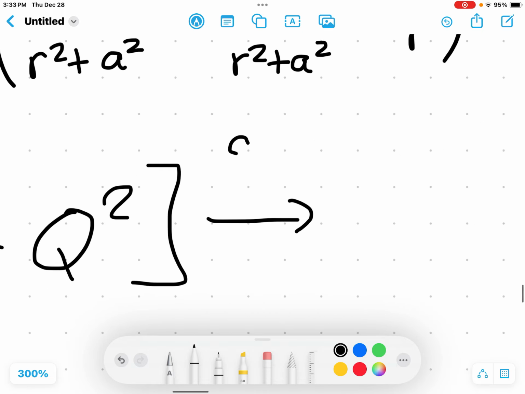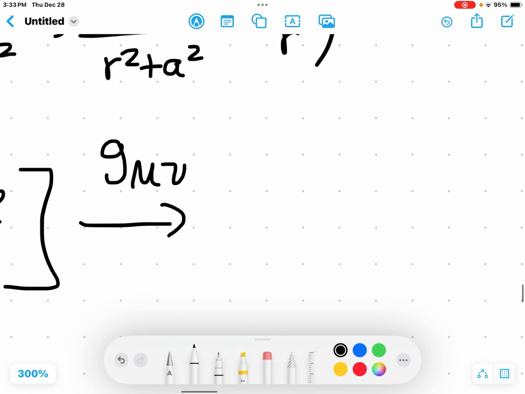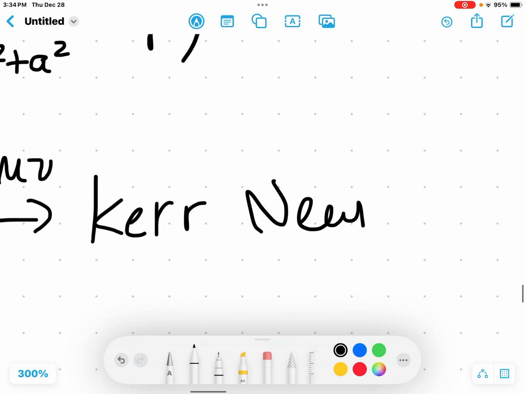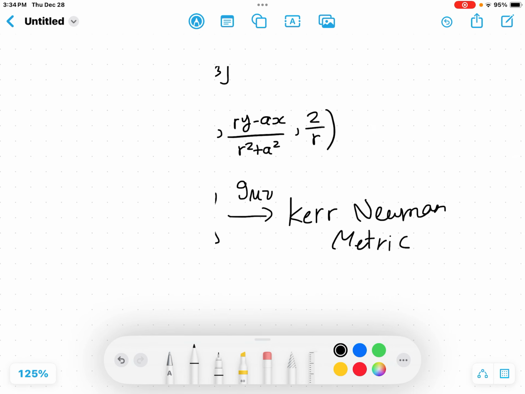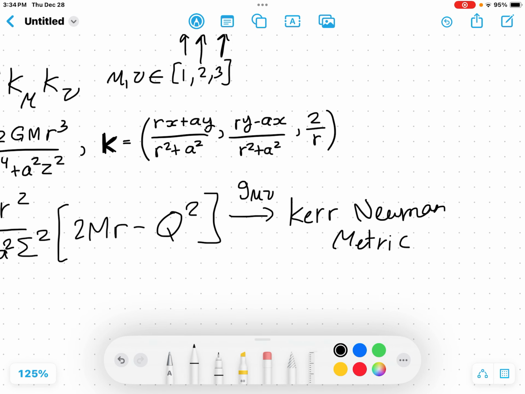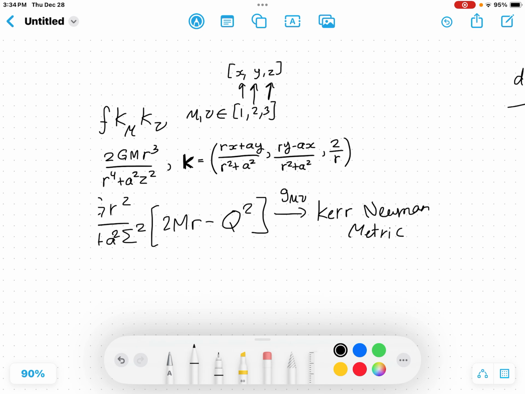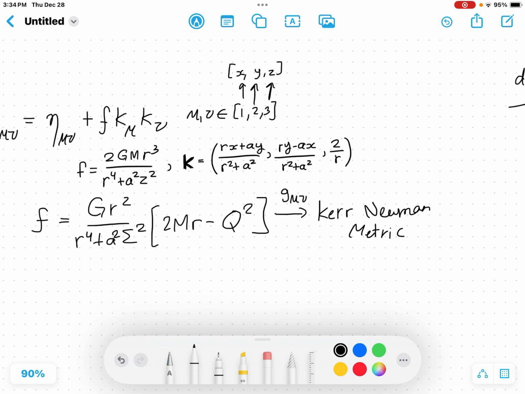So g mu nu becomes the Kerr-Newman metric. And these variables r, x, and y are related in the same way I discussed when I discussed these metrics. I'm just stating a much more compact way of expressing them in terms of the Minkowski metric.